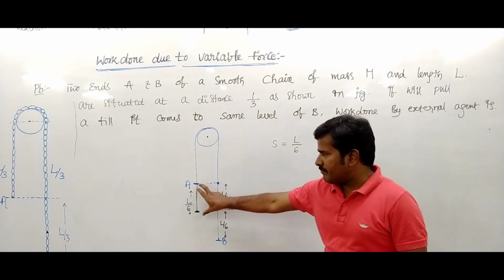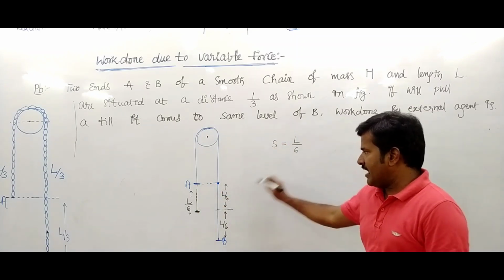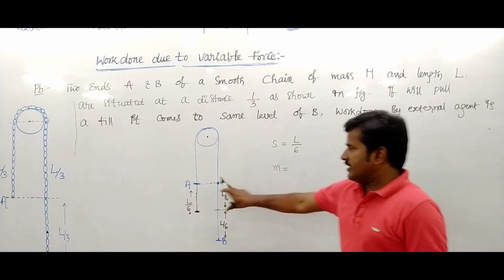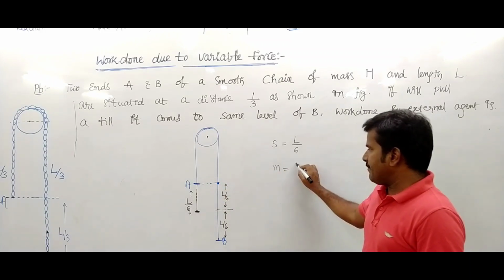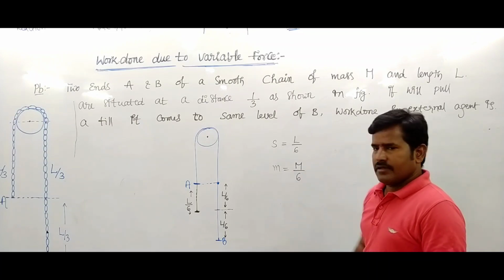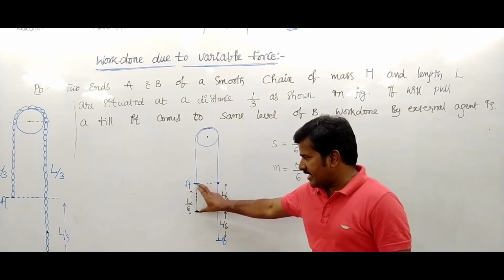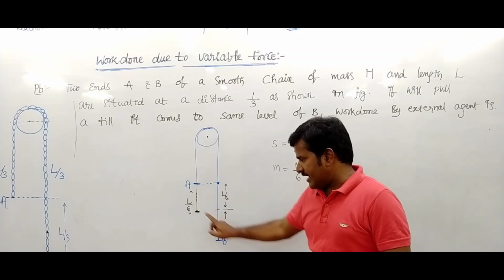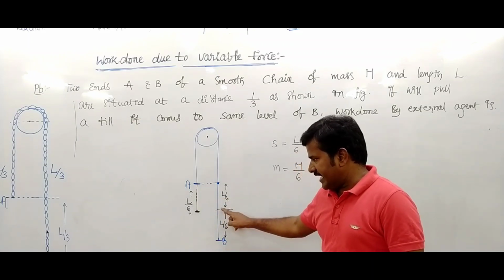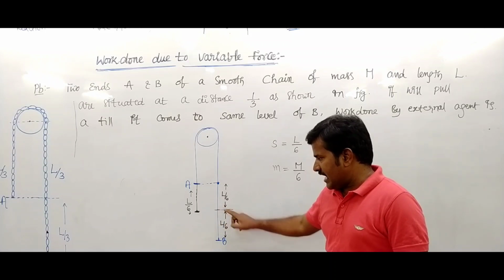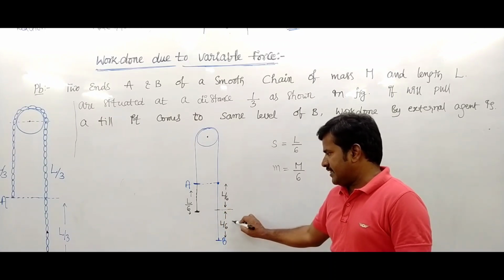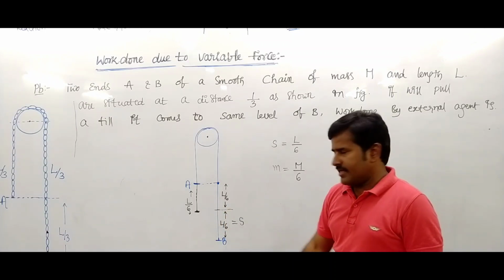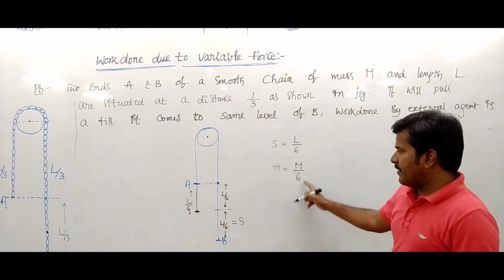The chain mass is M, so this part is M upon 6, that means the shifted mass is M by 6. This particle moves here with displacement S equal to L by 6, and mass M upon 6.